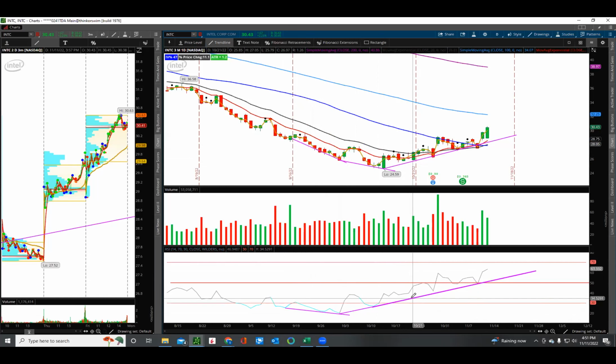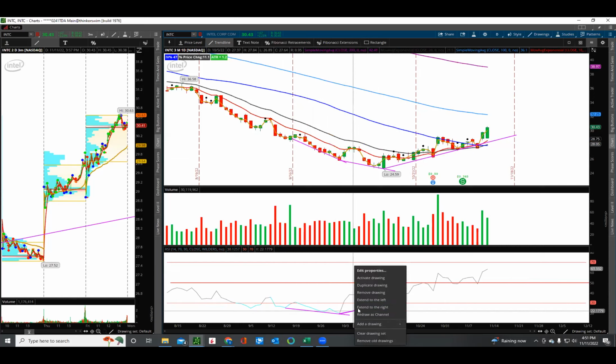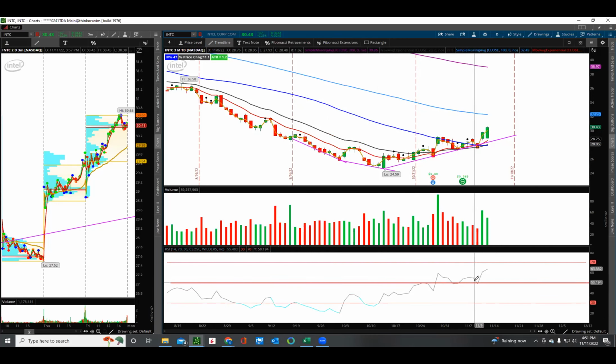Okay. Now, again, with the 50, using that 50, right? Again, just use that as a gauge as to whether or not we are bullish or bearish. Right now, we're above, and this is on INTC. Right now, we are above the 50.